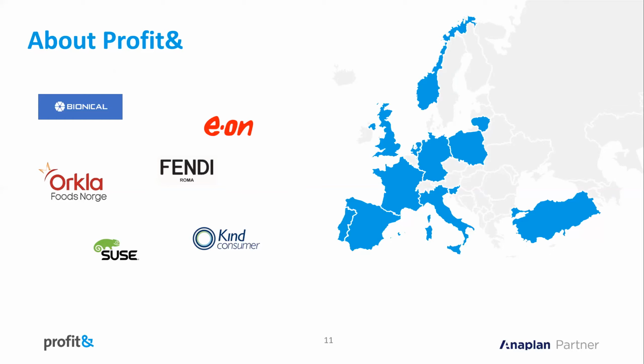And we managed to reduce the disk space and improve the calculation times by approximately 70% and 80% respectively in a matter of a week or two of working on their system and removing redundancy and things like that. And Fendi is interesting because they do all of their sales planning and quota allocation using Anaplan.